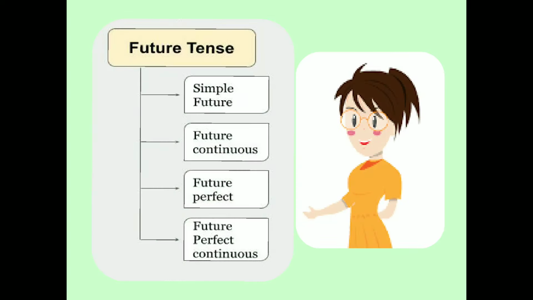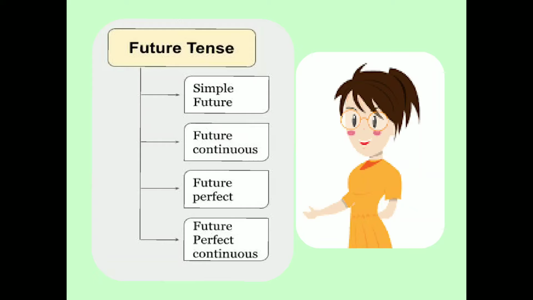So as you all know, just like present tense and past tense, future tense also falls under 4 categories. First one, simple future or future indefinite. Number 2, future continuous or future progressive. Number 3, future perfect.